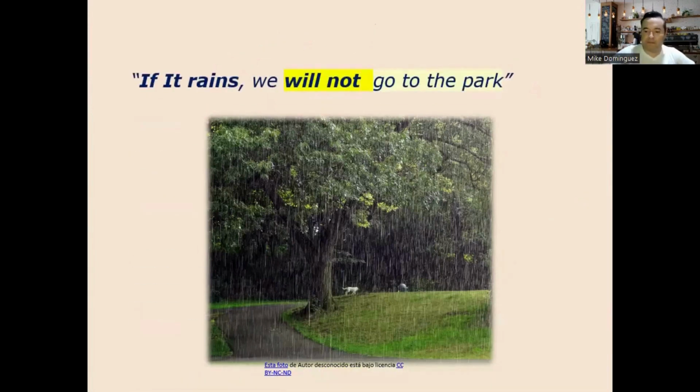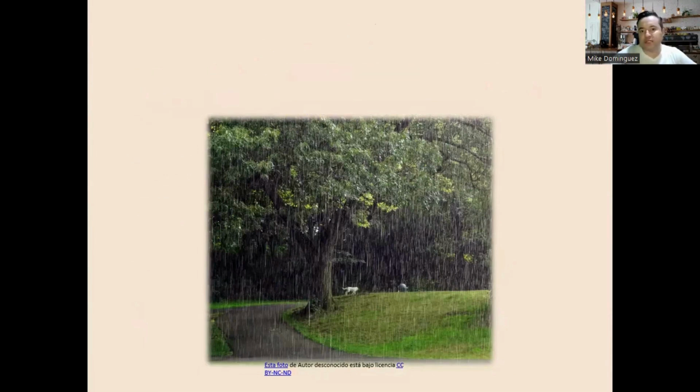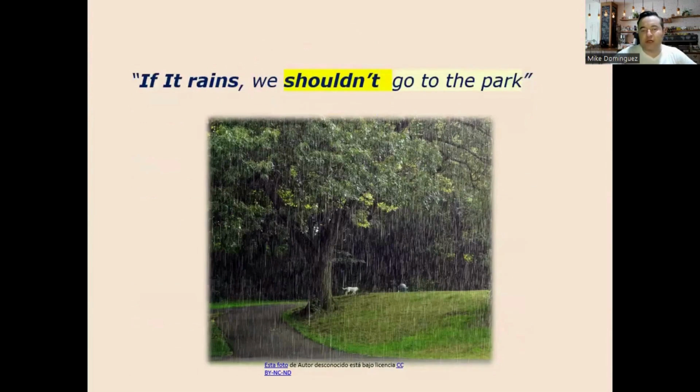If it rains, we will not go to the park. Very good. Or, Nino? If it rains, we won't go to the park. Yeah, the contraction: we won't instead of we will not. Can you read, Melly? If it rains, we shouldn't go to the park.